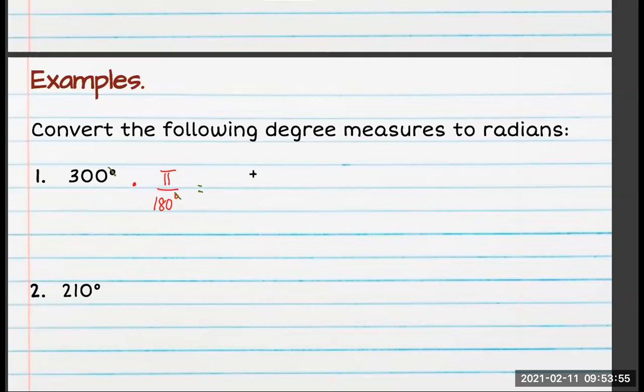So you'll have 300 pi over 180. And you want to reduce this to lowest term. Do you know how to use your calculators to convert to lowest term? So you just divide 300 divided by 180 and then math and then enter.